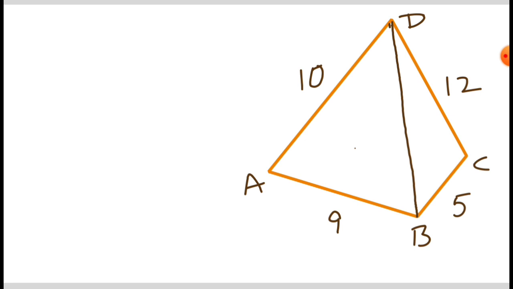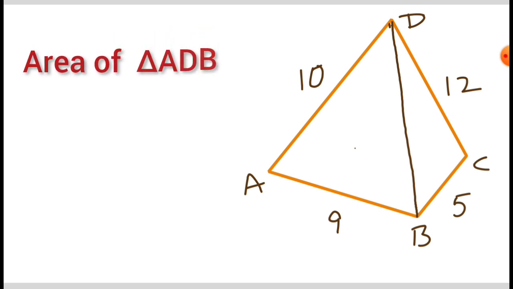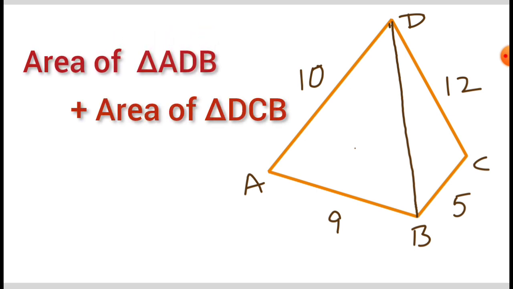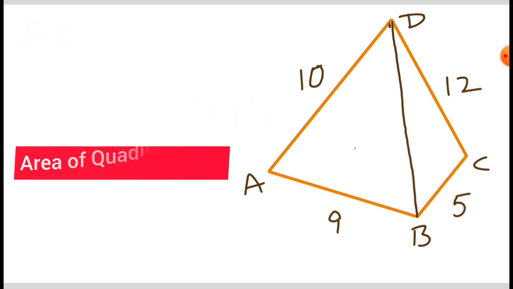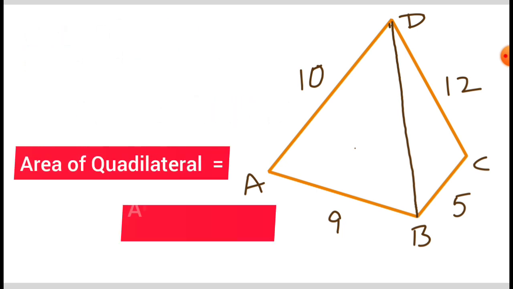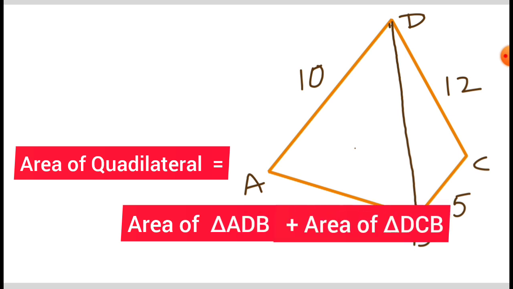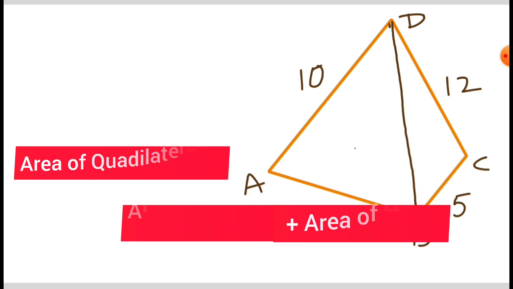So that's why now our goal is to find the area of ADB triangle and DCB triangle. Therefore, area of the quadrilateral is equal to area of the ADB triangle plus area of DCB triangle. So let's find out these two areas of triangles.